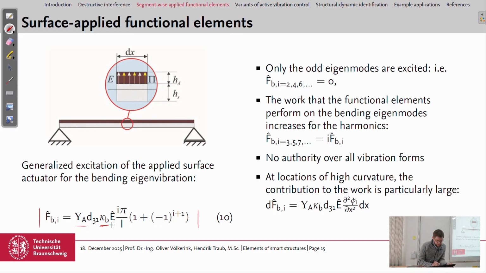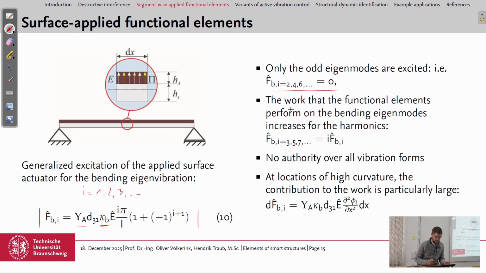And we have again the small signal behavior we already know, but we can have a look at different eigenmodes. Here we can see that if we put different values for I in it, so 1, 2, 3, and so on for the first, second, third eigenmode, then only the odd eigenmodes can be excited, because the even ones are 0.